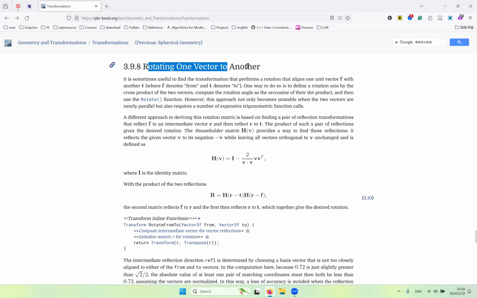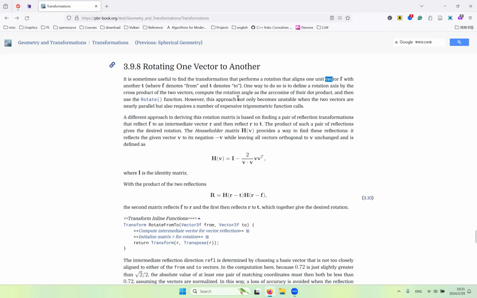So, rotating one vector to another. It's sometimes useful to find a transformation that performs a rotation to align one unit vector to another.